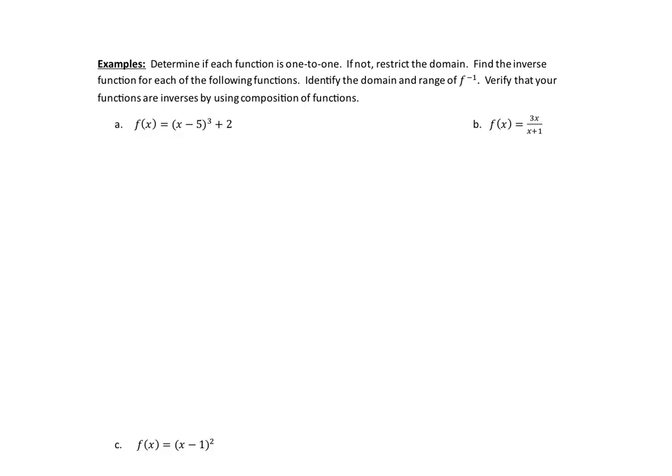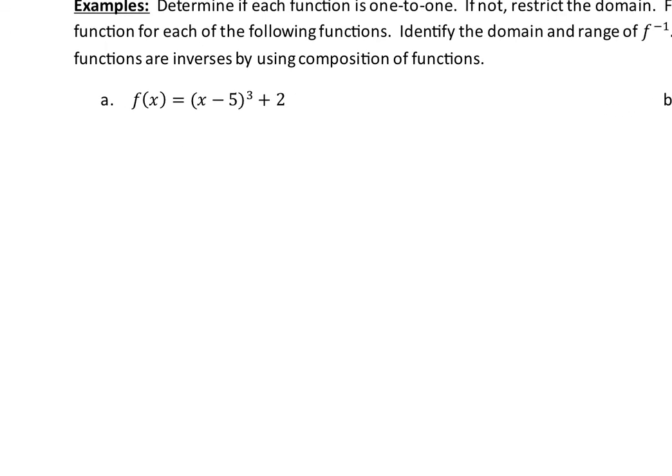Finally, we are going to verify that our functions are inverses by using composition of functions. And that's going to be kind of the new thing that we do in this course. All right, so that's a lot to do, so let's go ahead and jump into it.